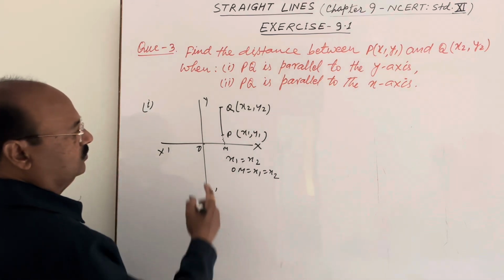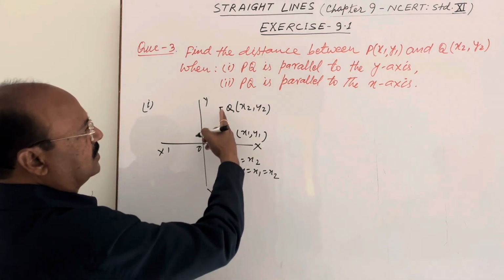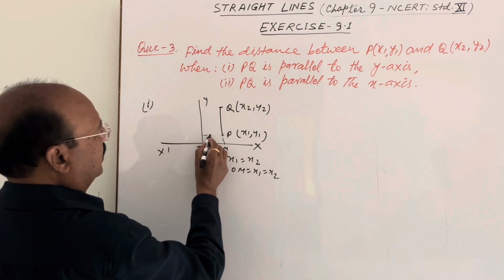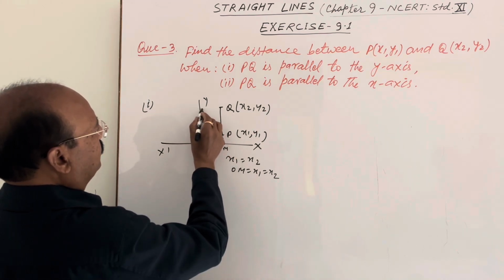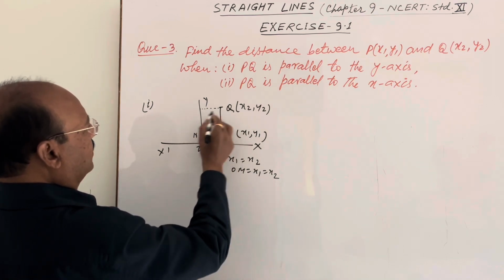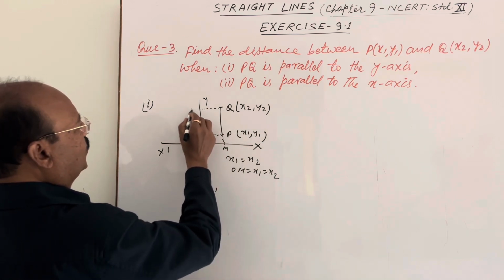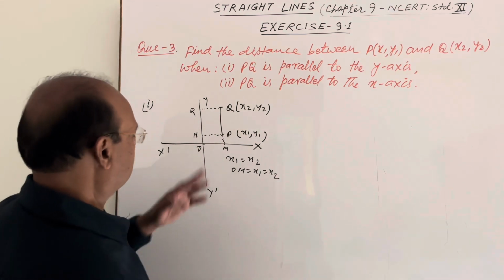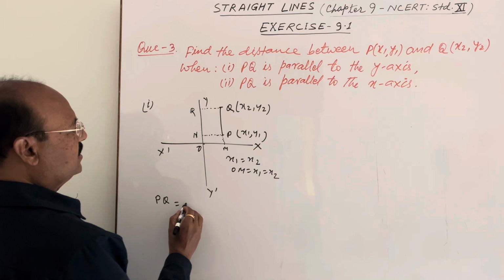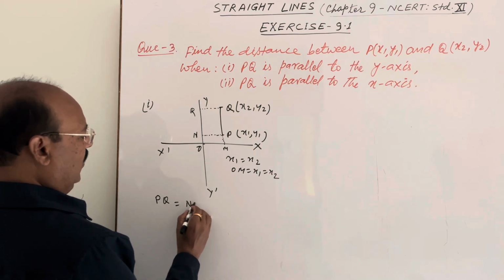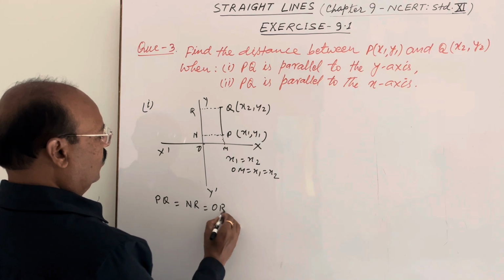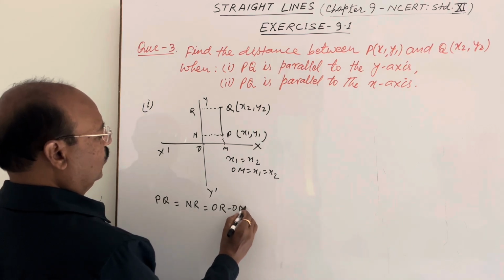So the distance between these two points PQ, if you draw perpendiculars here like this, suppose this is PN and this is QR. Clearly PQ is equal to NR, and NR is equal to OR minus ON.